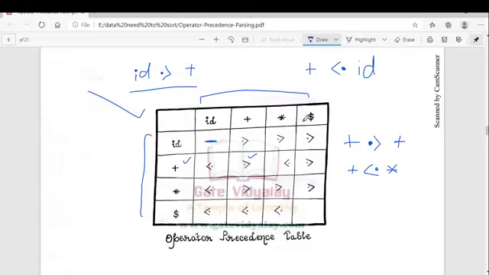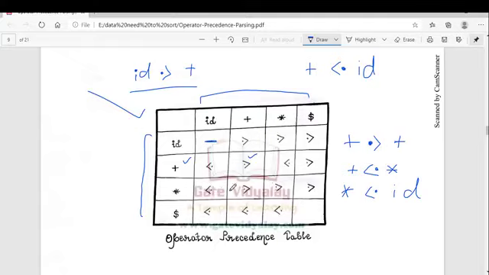Now plus and dollar sign. Dollar sign always has the lowest precedence, so the open mouth should be over the plus terminal. Now multiplication and id. Id always has the highest precedence, so I write it like this.